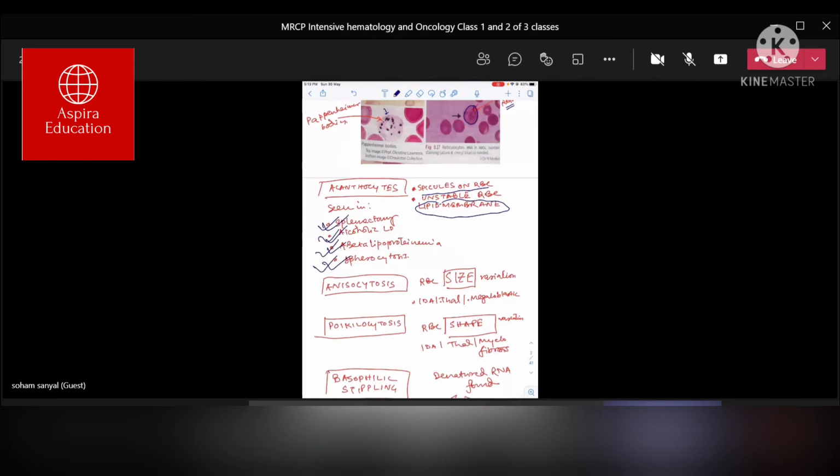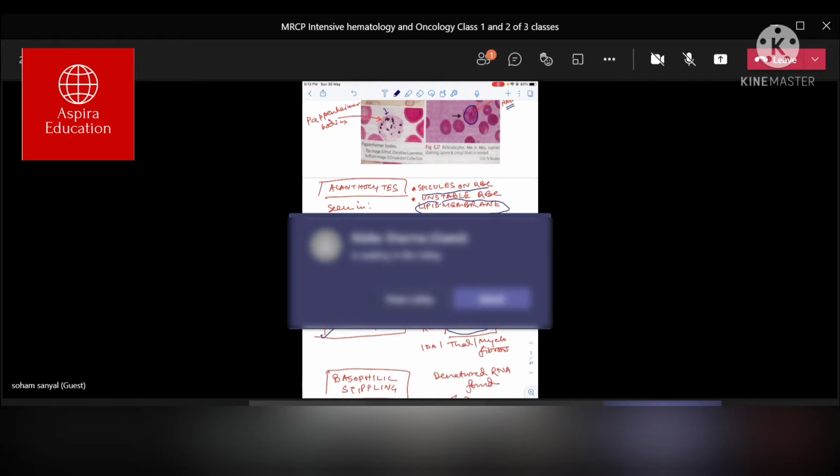Now we are moving to two important concepts. One is anisocytosis, another is poikilocytosis. What are they? Anisocytosis is the variable size of RBC. Poikilocytosis is the variable shape of RBC. Once again, anisocytosis is an-isocytosis: iso means similar, and it is broken down, so variable size of RBC.